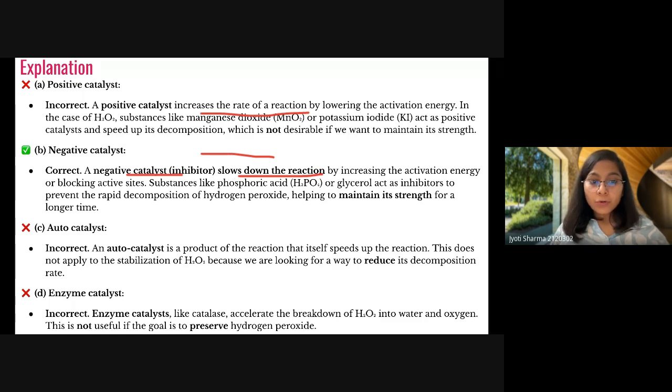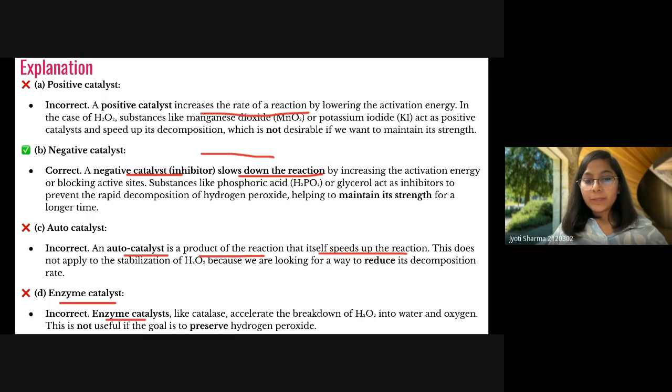If it is the autocatalyst, it will speed up the reaction by the product of the reaction only. And if it is enzyme catalyst, then we have a lot of enzymes, and that enzyme will increase or decrease the rate of reaction, right? So if it is using the help of enzymes, then this is known as the enzyme catalyst.